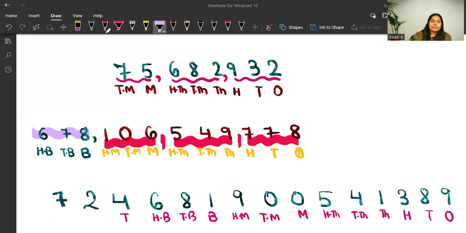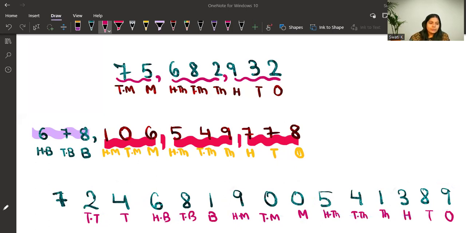So now let's go to the next one, which after trillion is, of course, 10 trillion. So now this will become 24. Let me use the annotation here. 24 trillion, 681 billion, 900 million, 541,389.